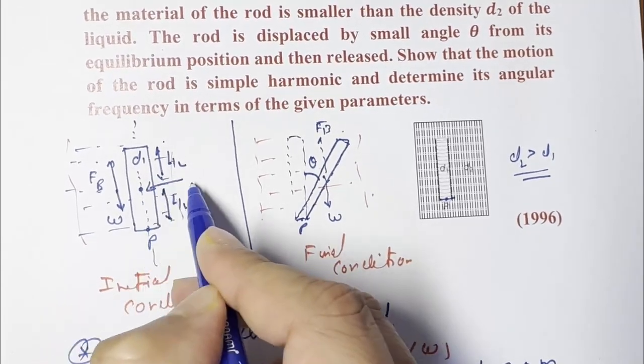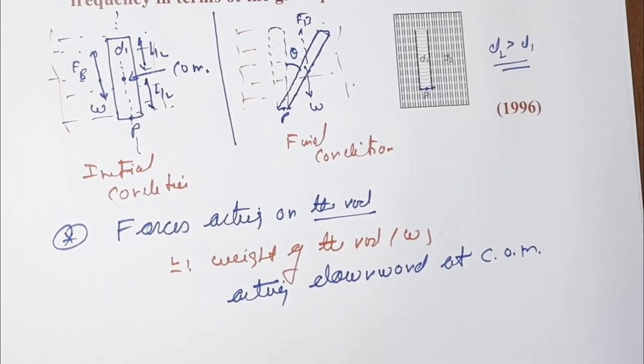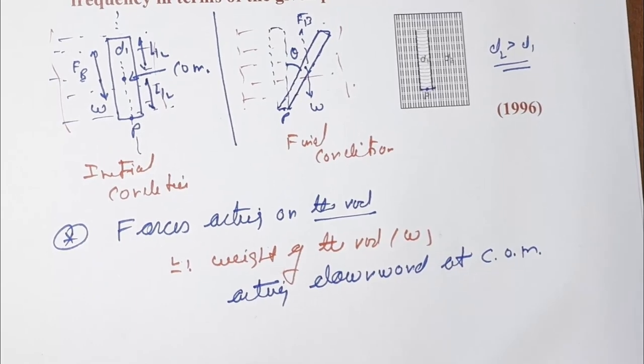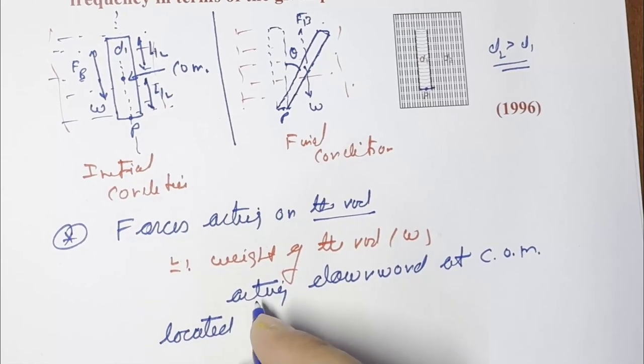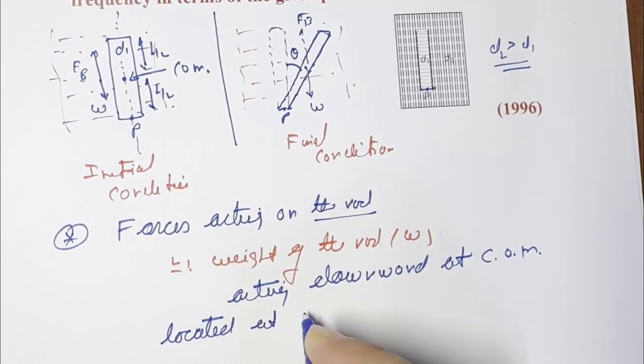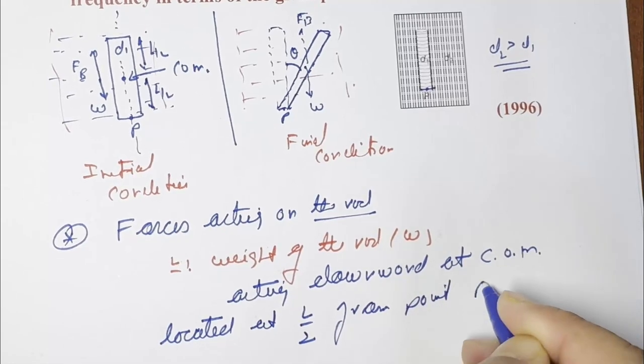Okay, this point is our center of mass. So acting downward at the center of mass located at L by 2 from point P.